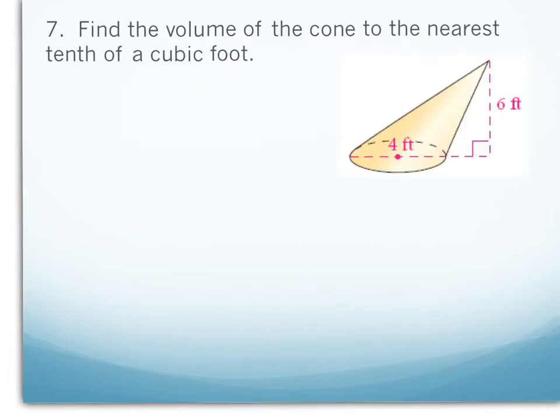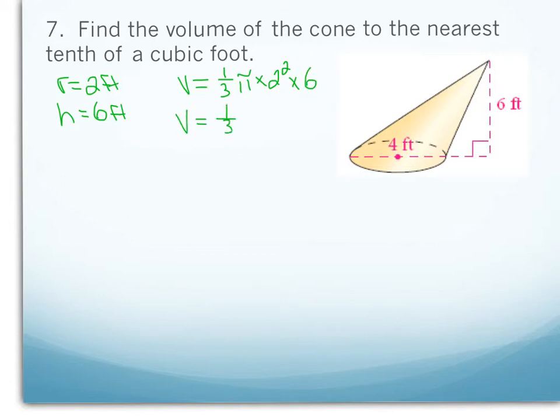In number 7, we want to find the volume of the cone to the nearest tenth of a cubic foot. Alright, so we're given our diameter is 4 feet, so that means our radius is 2 feet, and then our height is 6 feet, the perpendicular line segment from the tip of our cone to the base. Alright, so volume equals 1/3 times pi times our radius squared, which is 2 squared, times our height of 6.